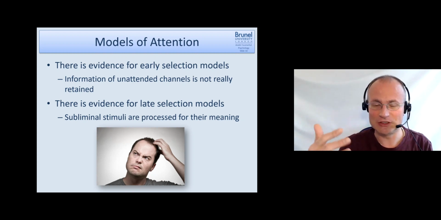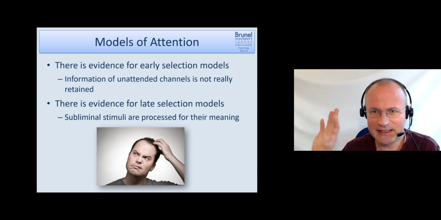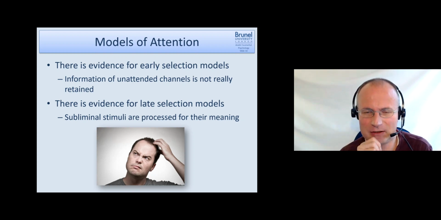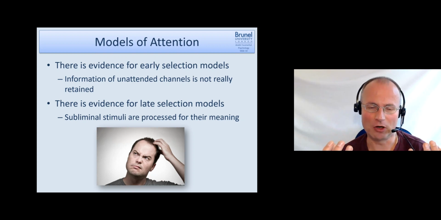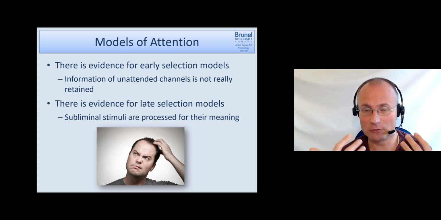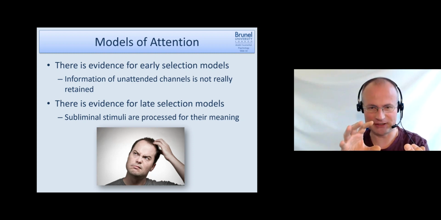Then you collect new data and you see, like this, I hear my name in the background in another conversation, which does not fit the existing model. So what you do is you try to improve the model, which then Treisman did with the Attenuator model. You modify your model to make it fit.